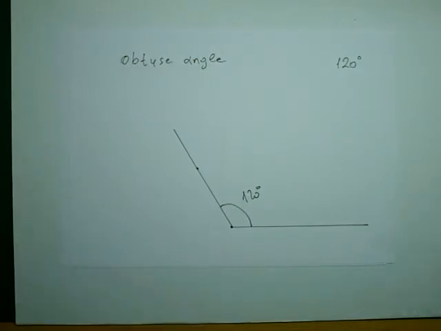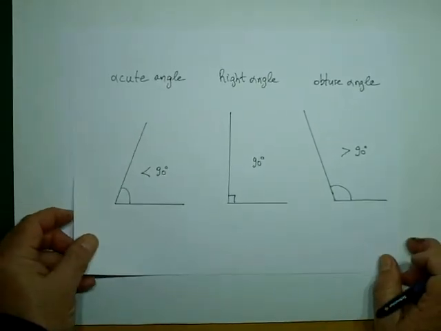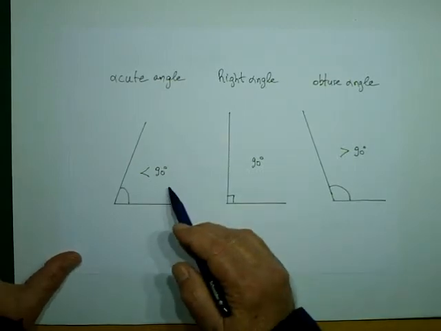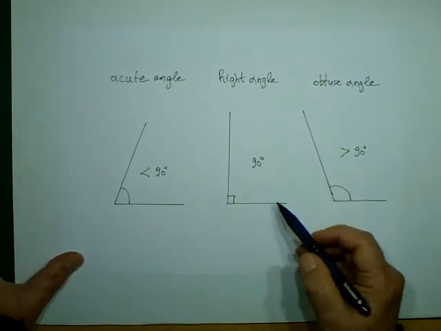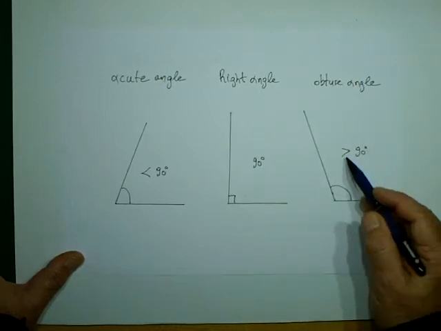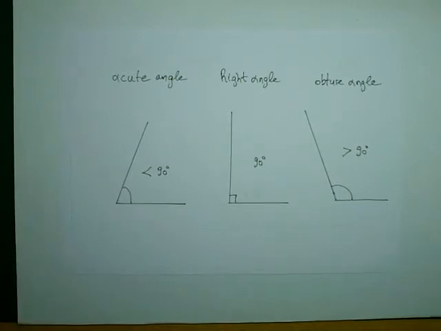So up to now we have learned that there are three types of angles. An acute angle is an angle that is less than 90 degrees, a right angle is 90 degrees, and an obtuse angle is greater than 90 degrees. We also refer to a straight angle.